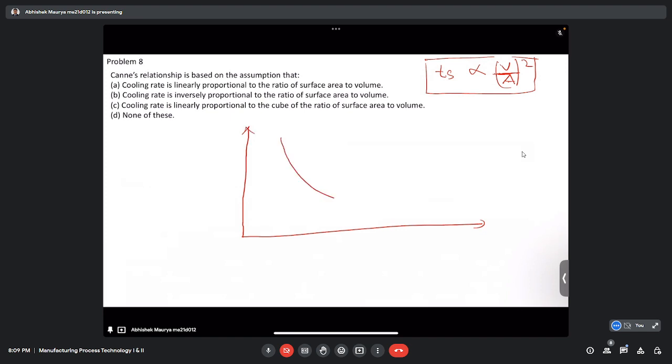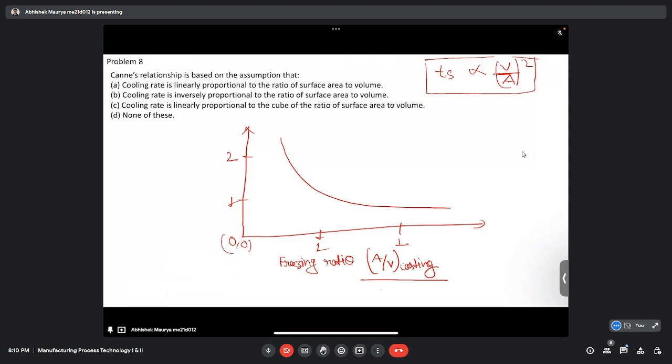So the curve is something like this, and here I am showing its x-axis and y-axis. On the y-axis we have a term called the freezing ratio, which is defined as A by V of casting divided by A by V of riser.